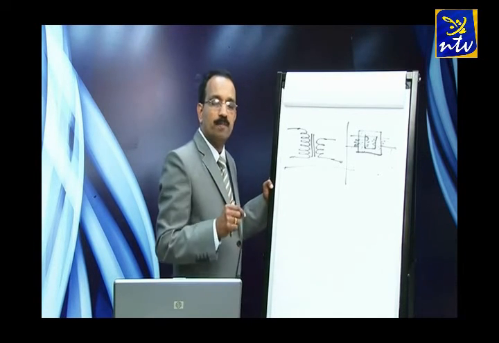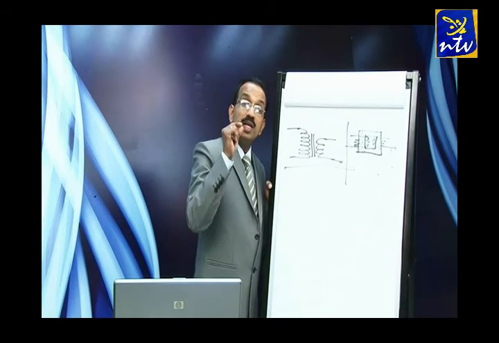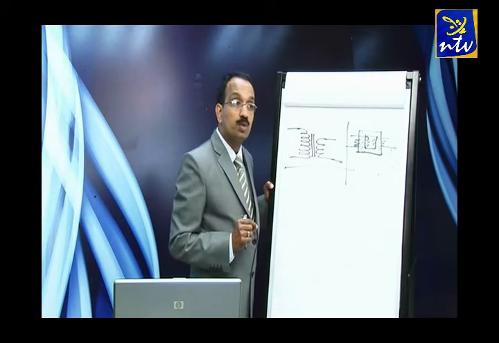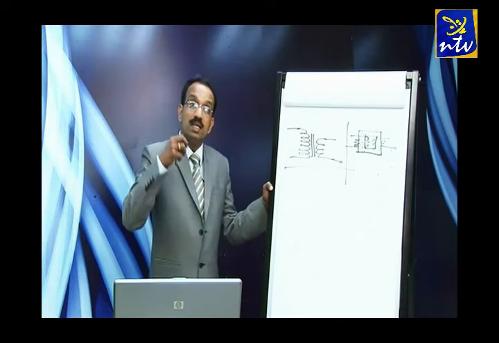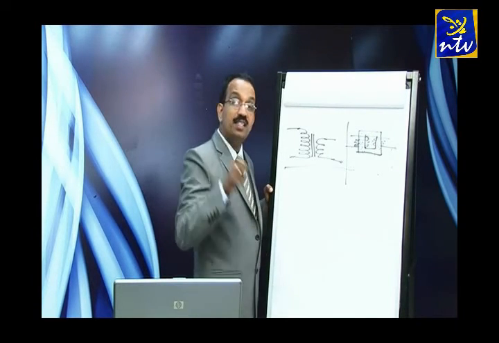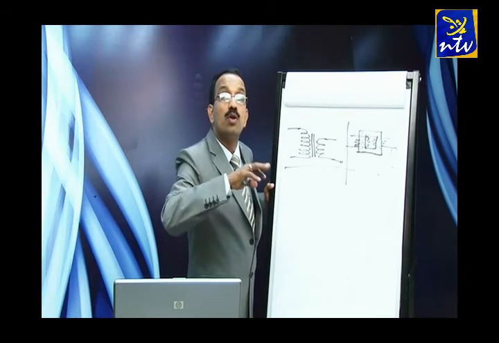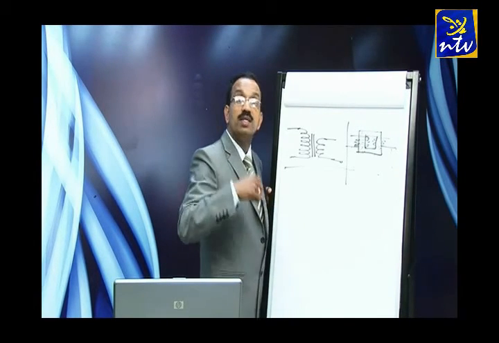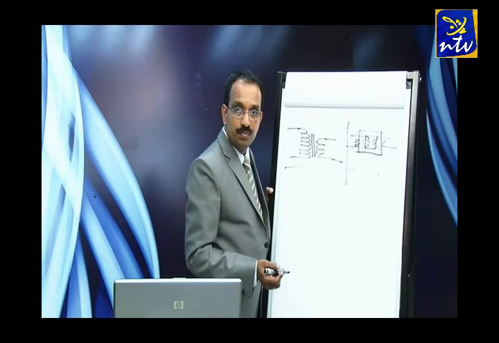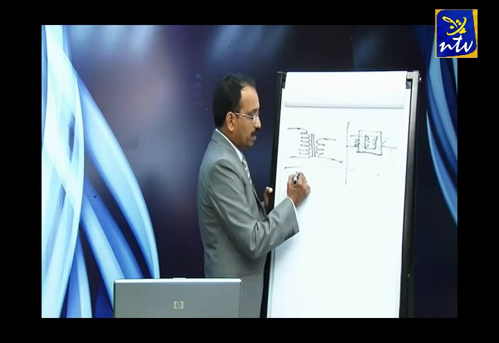Always it exists, but for calculations, for numerical problems, what we do is we always consider the transformer as ideal. Ideal transformer means what? We assume there is no loss of power. If there is no loss of power, it means input power is equal to output power. Input power we will say is Vp Ip.